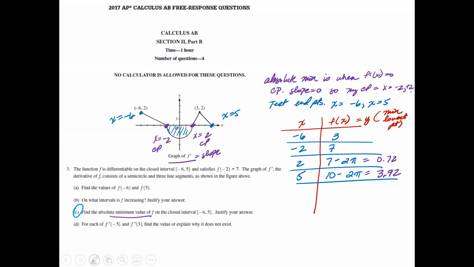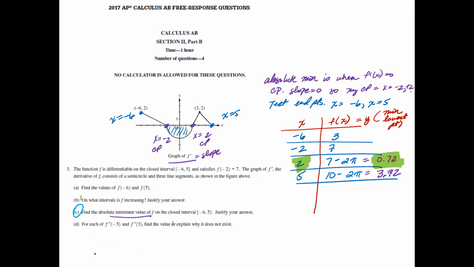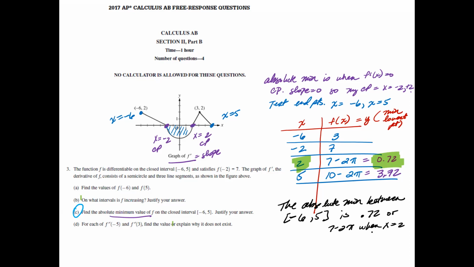So looking at this, which one's going to give you the lowest point? It is going to be the 0.72, which is when x is equal to 2. And so to justify your answer, you could say something to the effect of: the absolute minimum between -6 to 5 is 0.72, or 7 minus 2 pi, when x equals 2.